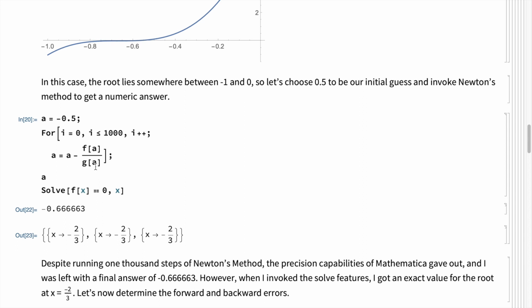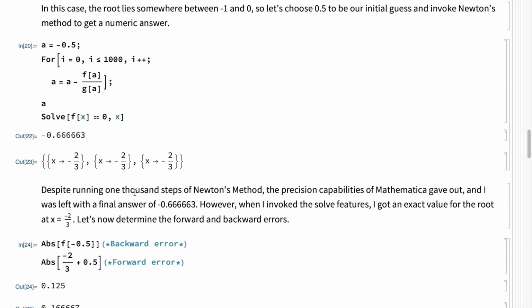When we do this, we find that the numeric answer from Newton's method yields a result of about -0.666, roughly equal to -2/3, and the onboard solve methods within Mathematica yield a final result of x equals -2/3.